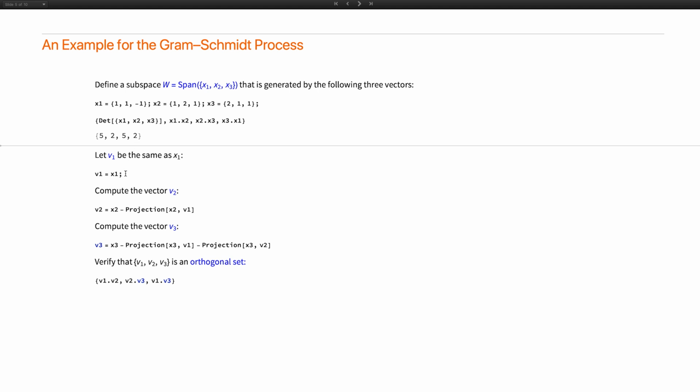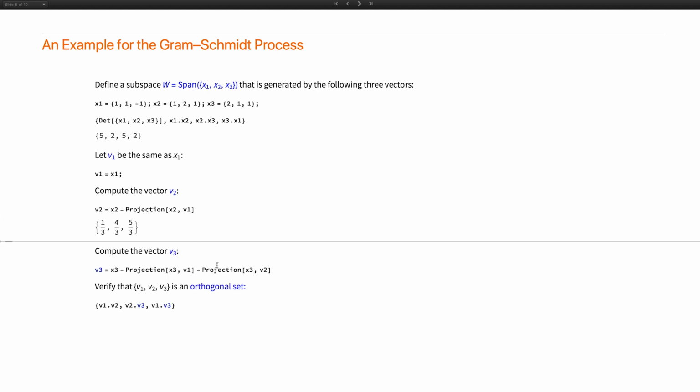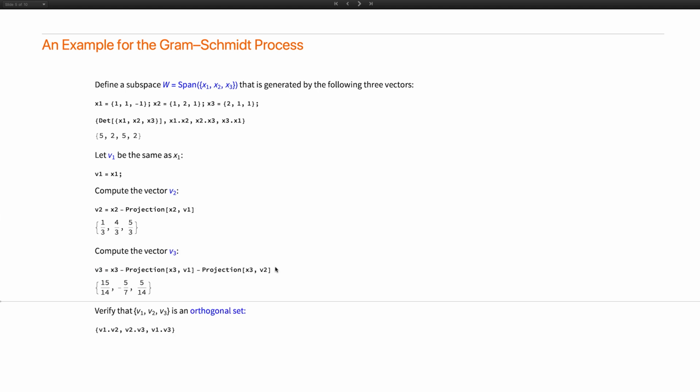So what you do is begin by defining v1 to be x1, v2 to be x2 minus the projection of the first vector on x1, etc., then v3, and if you check, you see that you actually have an orthogonal set. So that's a really simple idea. By using projections, we can start with a basis and obtain an orthogonal basis.